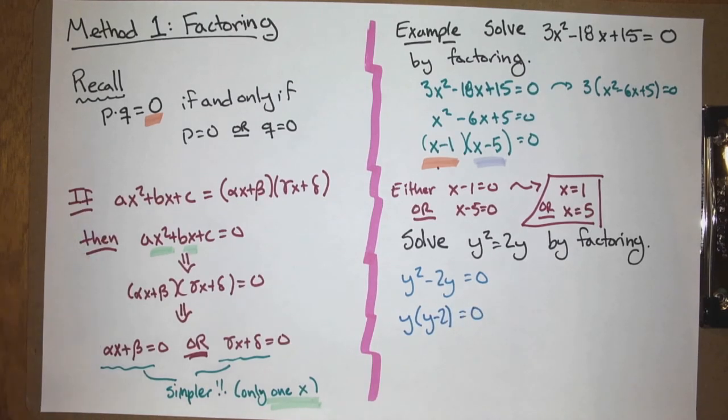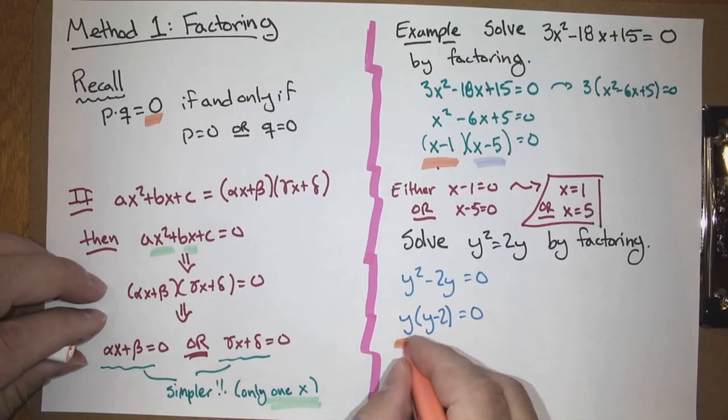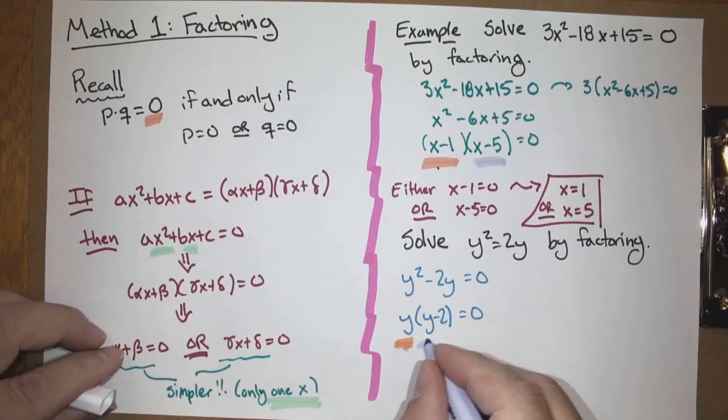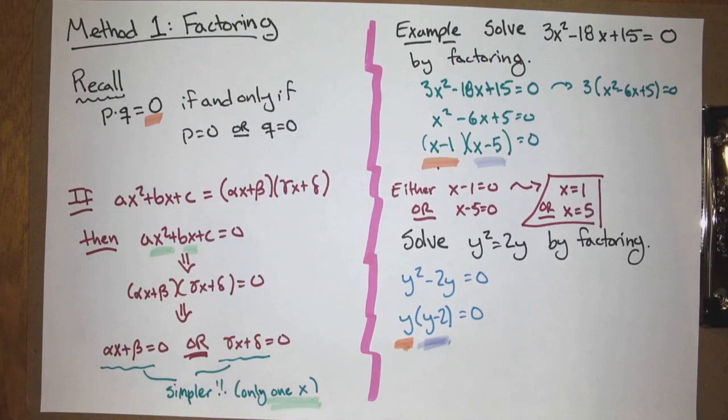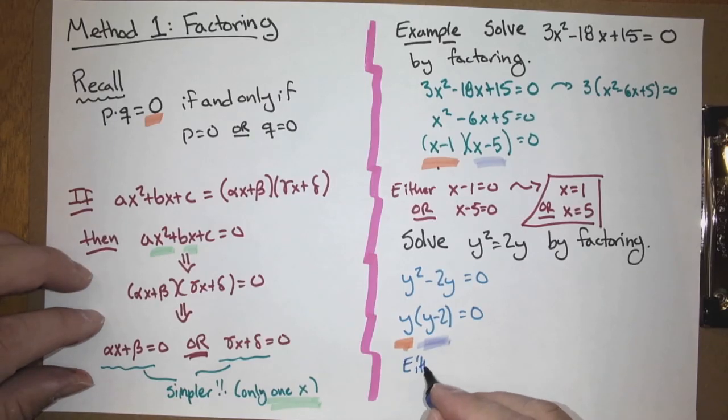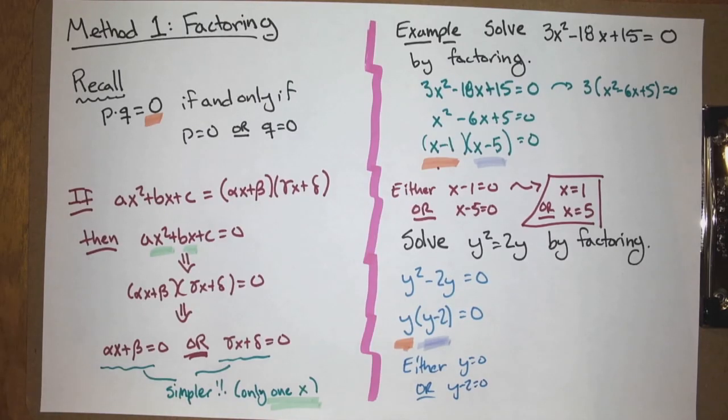So again, we have a product. And we say, this idea is so nice, we can just keep using it. So you have a y, and you have a y minus 2 being multiplied together. So that tells us that either y equals 0 or y minus 2 equals 0, right? Those are our two pieces that we're multiplying.